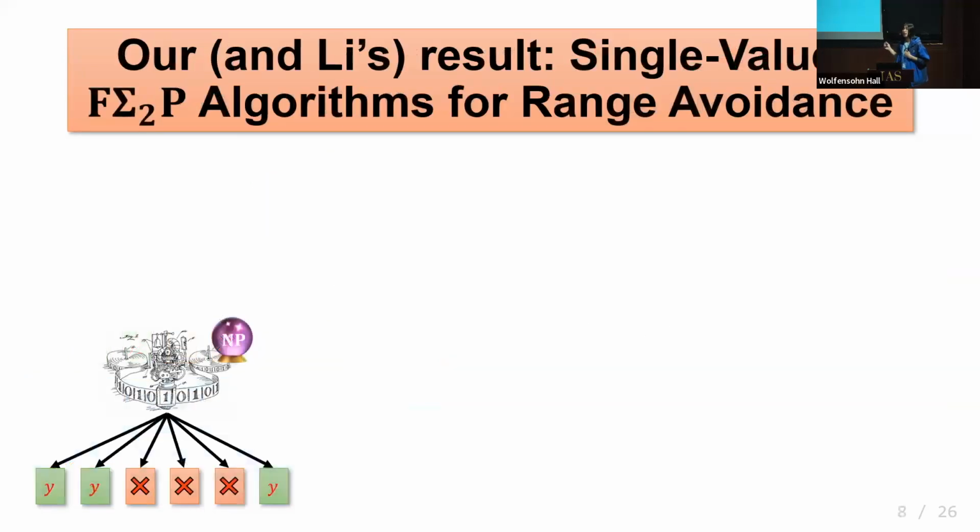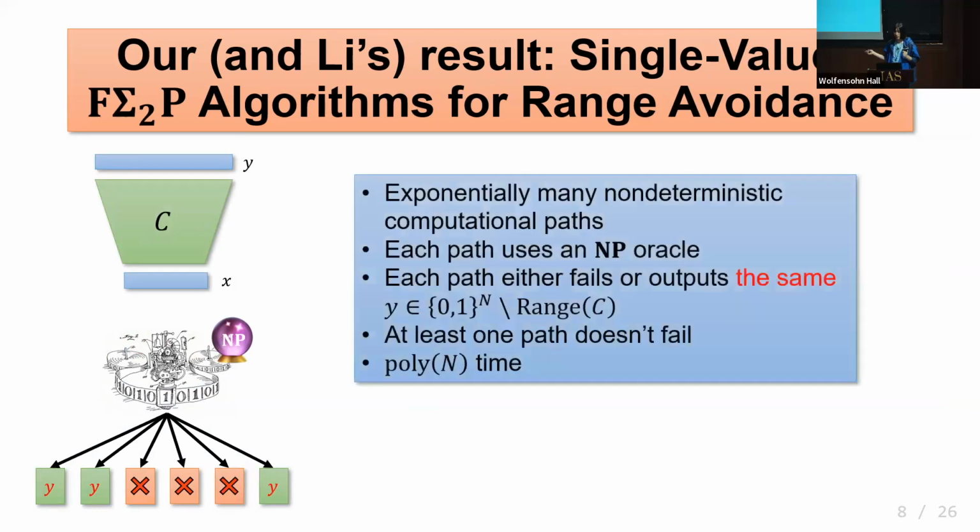So our result stated in the most generality is a single valued Σ2P algorithm for range avoidance. Given as input a stretching circuit C, we'll have a functional Σ2P algorithm that has many non-deterministic paths. Each path uses an NP oracle. This is just saying it's Σ2P.